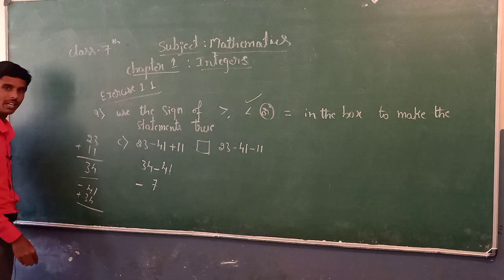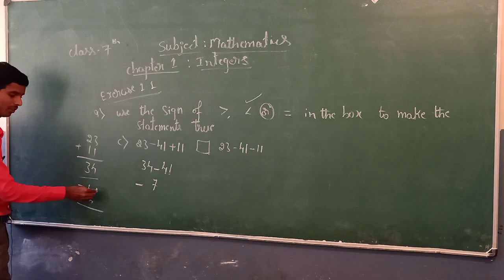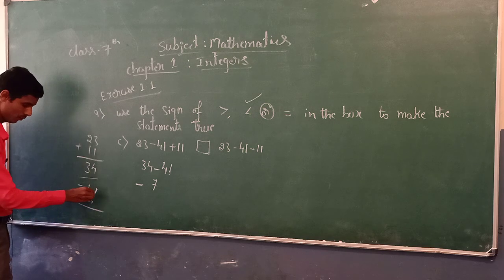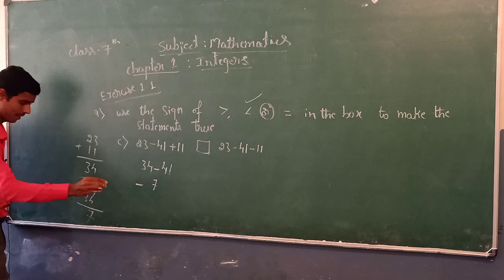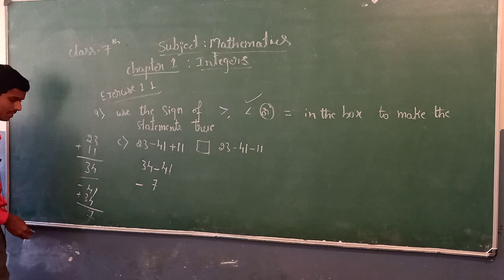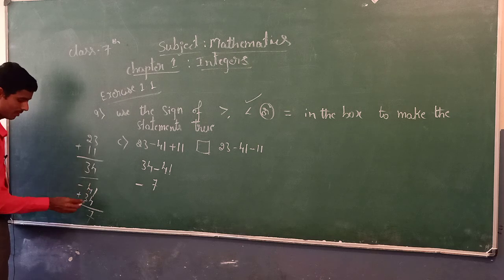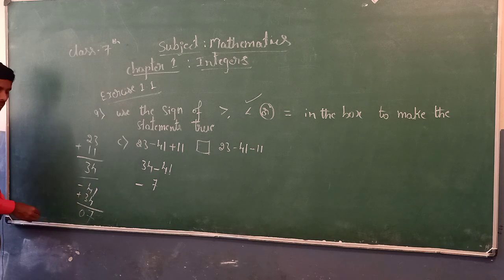From 1, we can't subtract 4, so we have to take a borrow. It will become 11, and 11 minus 4 is 7. This will become 4, and 4 minus 3. This will become 3, and 3 minus 3 is 0.